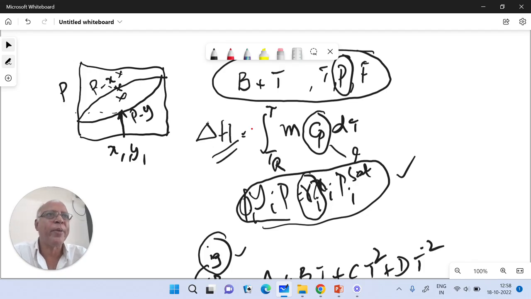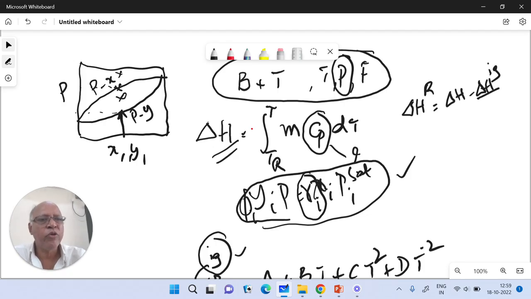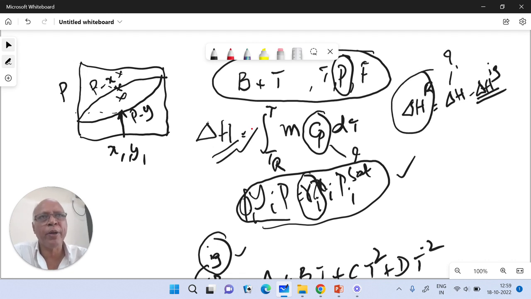Probably you might have come across one possibility in your undergraduate study. You know, delta H R is equal to delta H minus delta H in the ideal gas state. So we were able to calculate this using this equation. Now we need to know this, so somehow estimate this residual enthalpy.